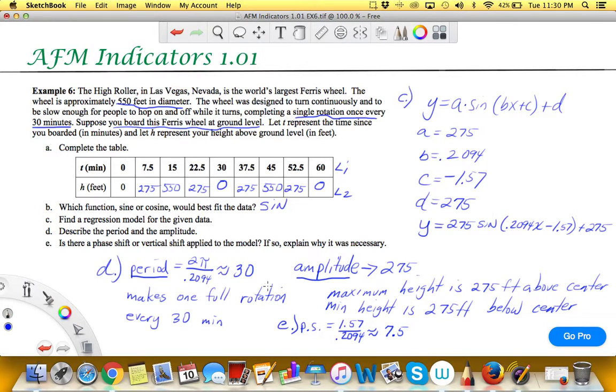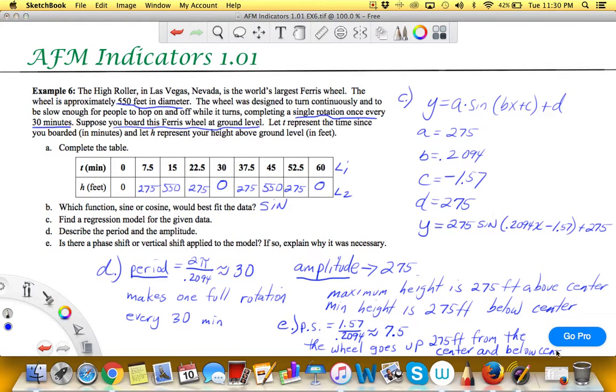So the phase shift just represents that the wheel goes up 275 feet from the center and down, which is basically the same thing I've stated here, and below center.